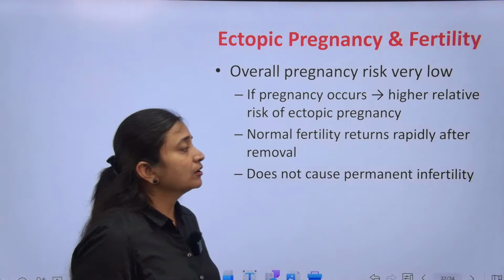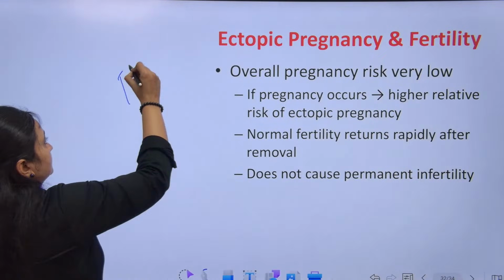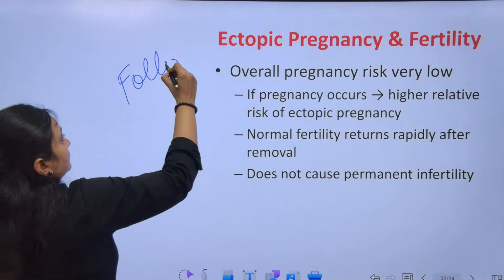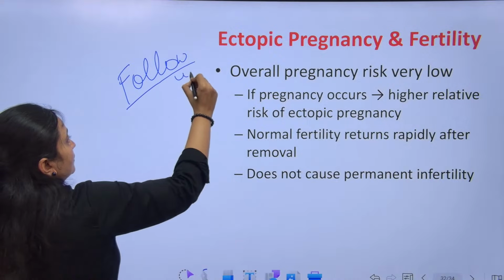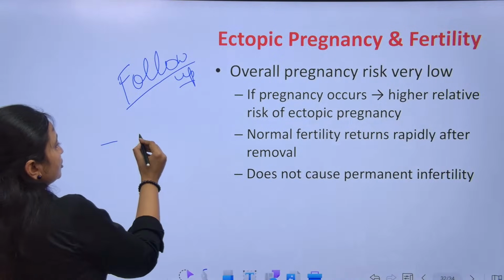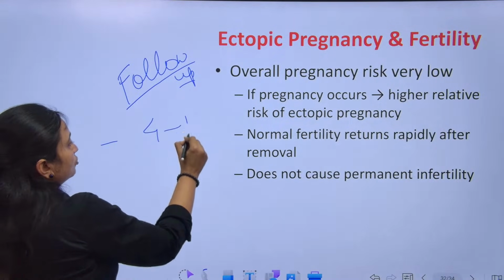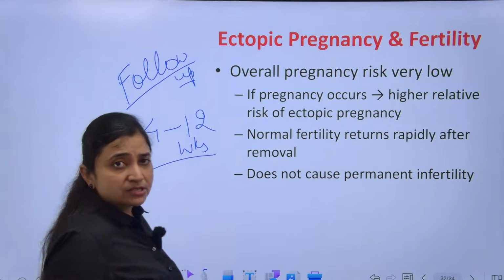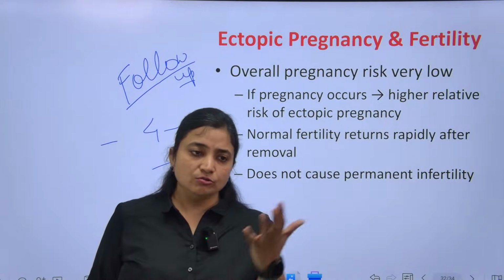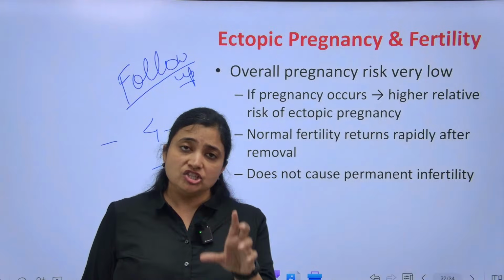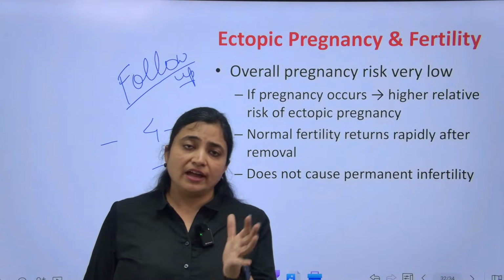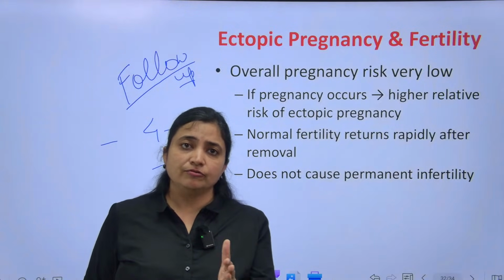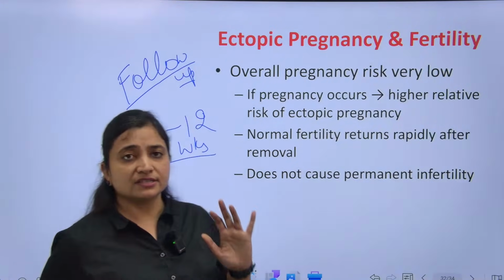Now, generally, what is the follow-up? We generally call the patient for follow-up 4 to 12 weeks after the insertion. 4 weeks means after the first menses is complete, to see whether the LNG-IUS is in place or not. If the patient cannot come after 4 weeks, then maximum up to 12 weeks.